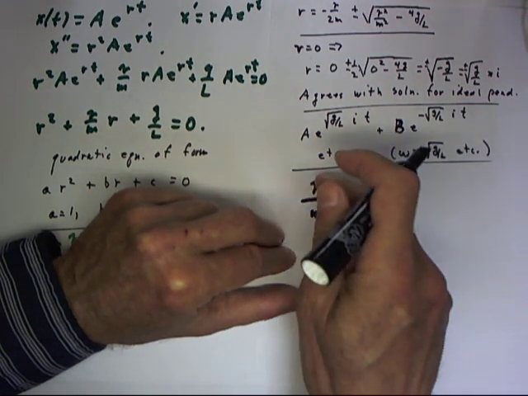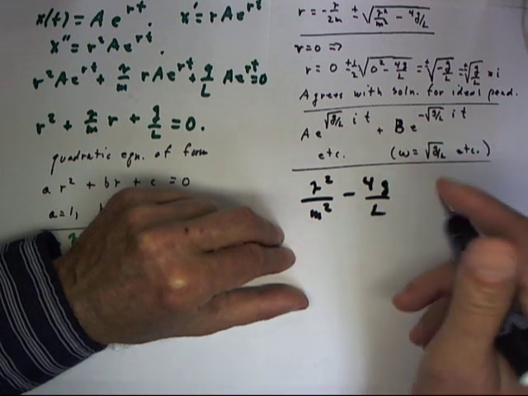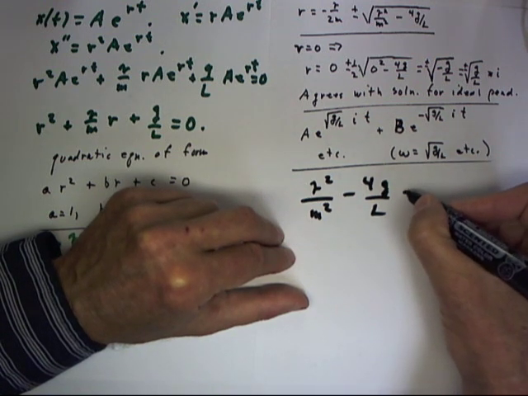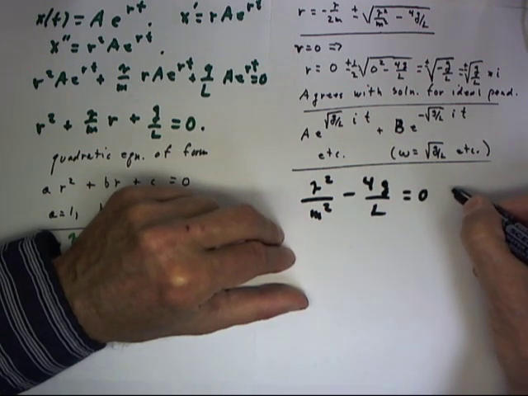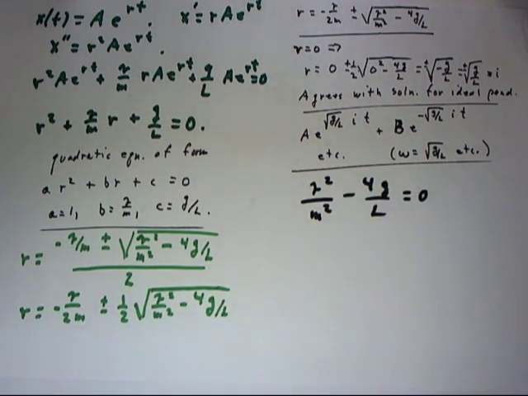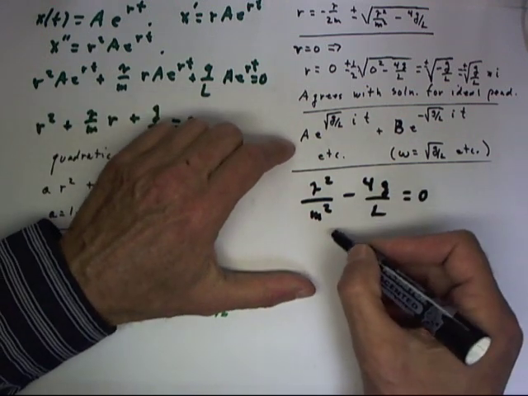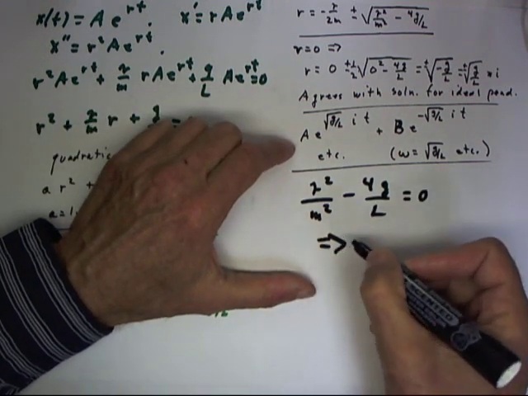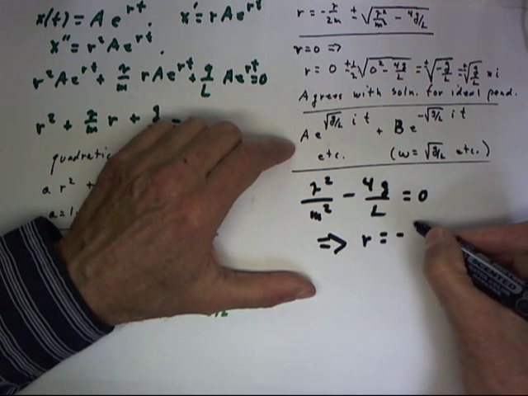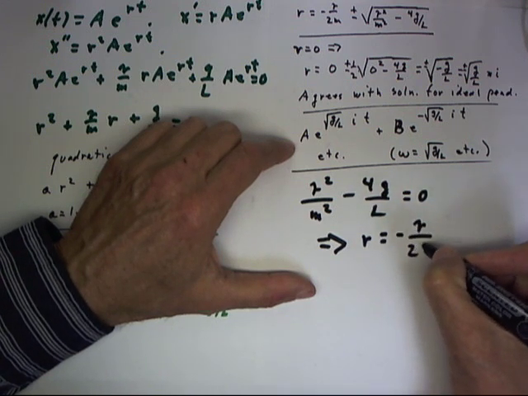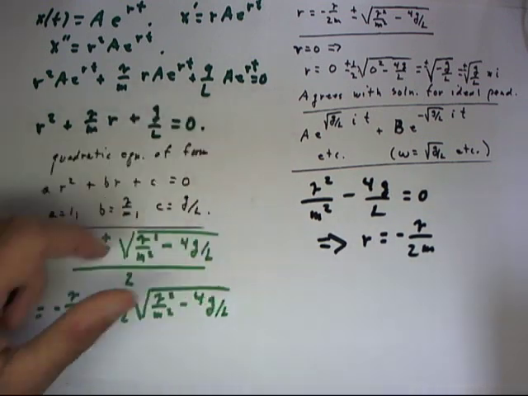The discriminant, gamma squared over m squared minus 4g over L, might be 0. If that's the case, then R is going to equal simply minus gamma over 2m.